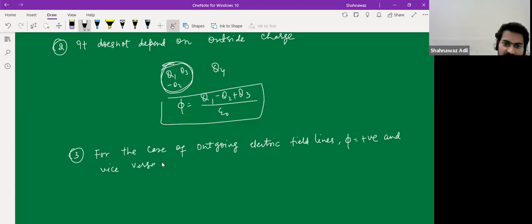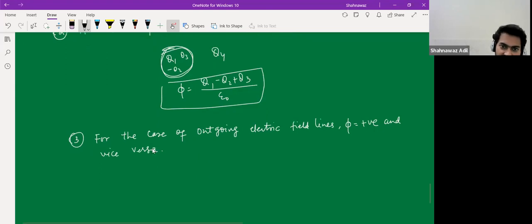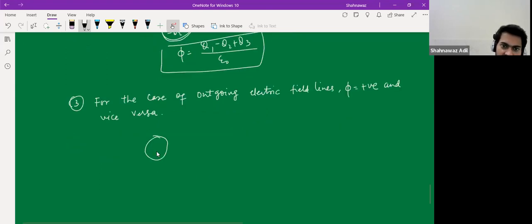What do I mean by that? Let's say I have a closed surface, and the electric field lines are like this. For this case, flux would simply be Q by epsilon naught.